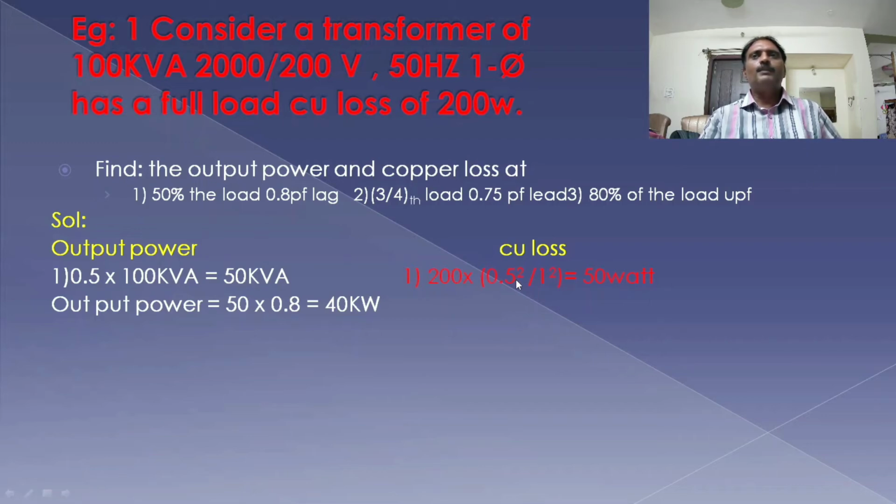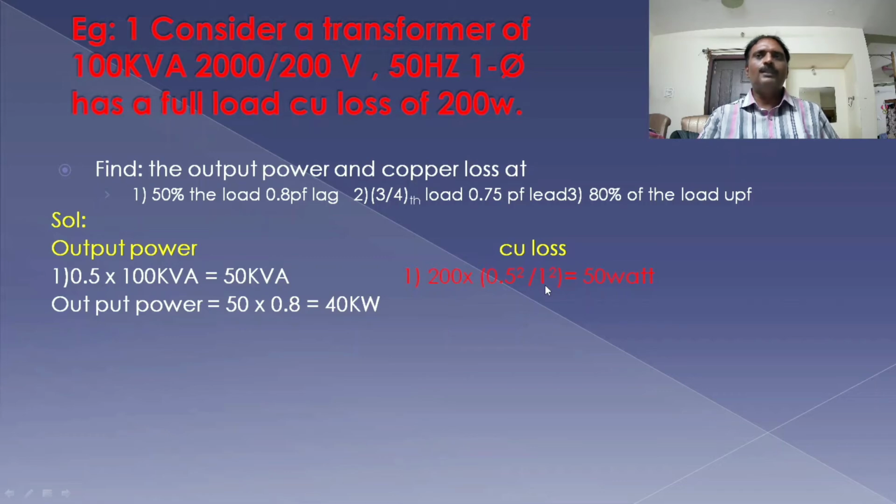So here 50% means in the numerator we have 0.5 squared. In the denominator it is the load at which we are given the copper loss, that is 1 squared. So the numerator is the load at which we have to find out, and the denominator is the load at which we are given the copper loss.